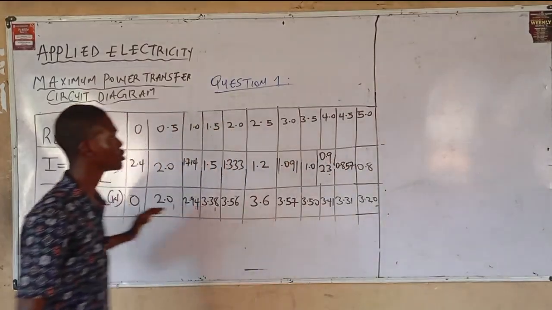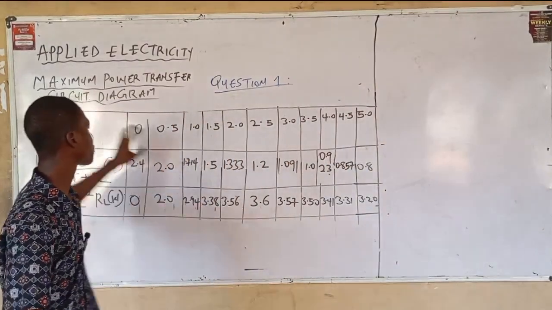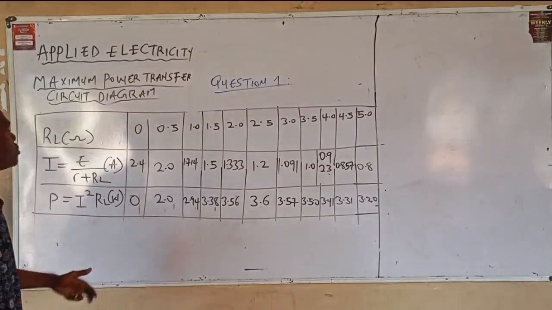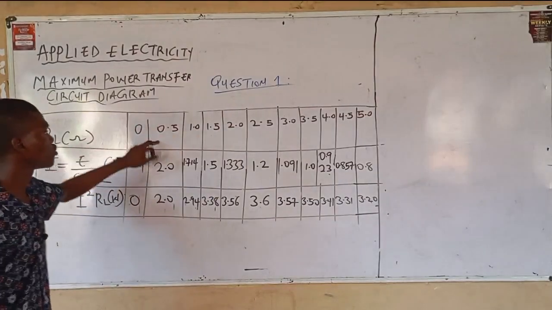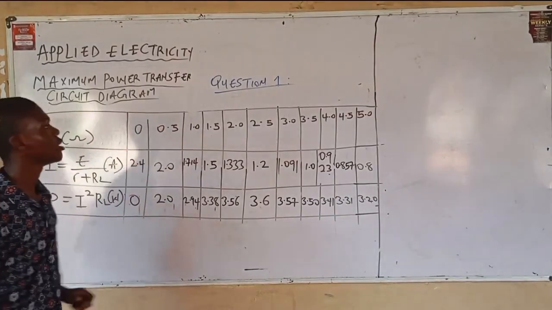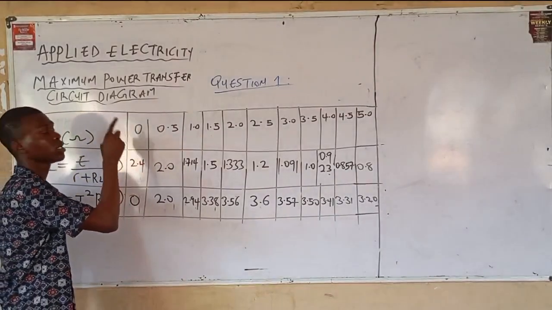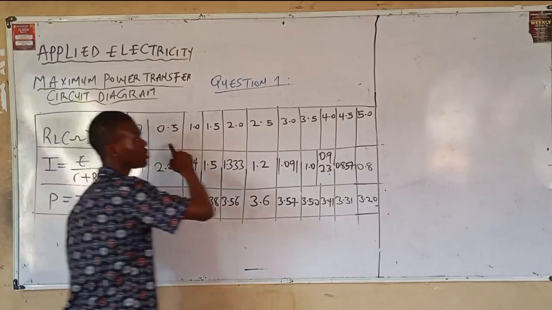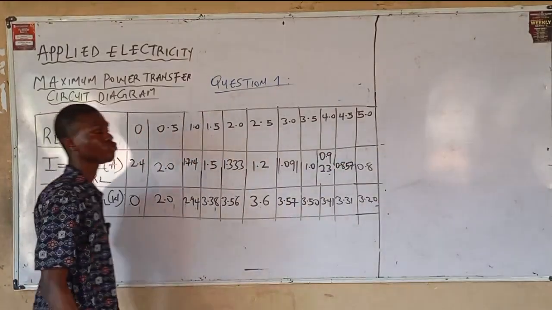From here, this is a tabular representation showing the load resistor as it varies from 0 to 5. Previously, we calculated when the load resistor is 0, 0.5, and 1. In the same way, we calculate for all the values of load resistor.